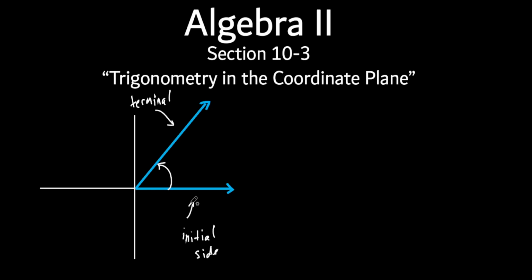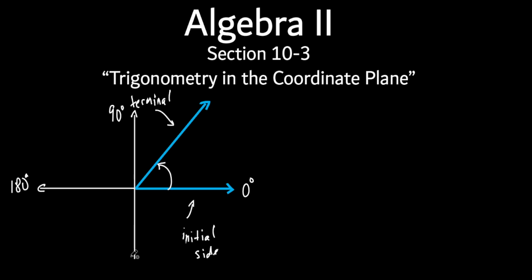So that's our angle. Let's put some degrees in here. If I go to the positive right, this would be going at 0 degrees. What about if I'm going straight up and down? If this is the initial angle, what degree is this? 90 degrees. If it goes this way, which angle would that be? 180.